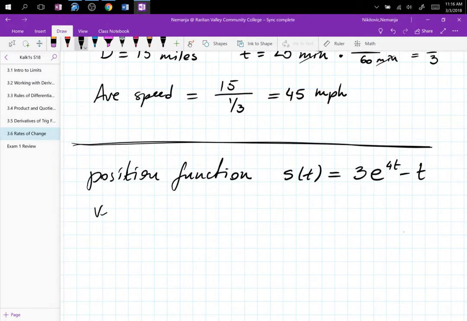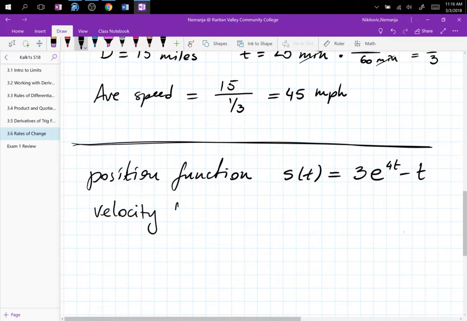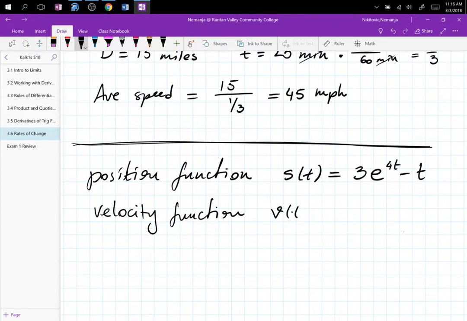And then we have the velocity function, which is the derivative of the position. So v of t is going to be s prime of t, and in our case, 12e to the 4t minus 1.